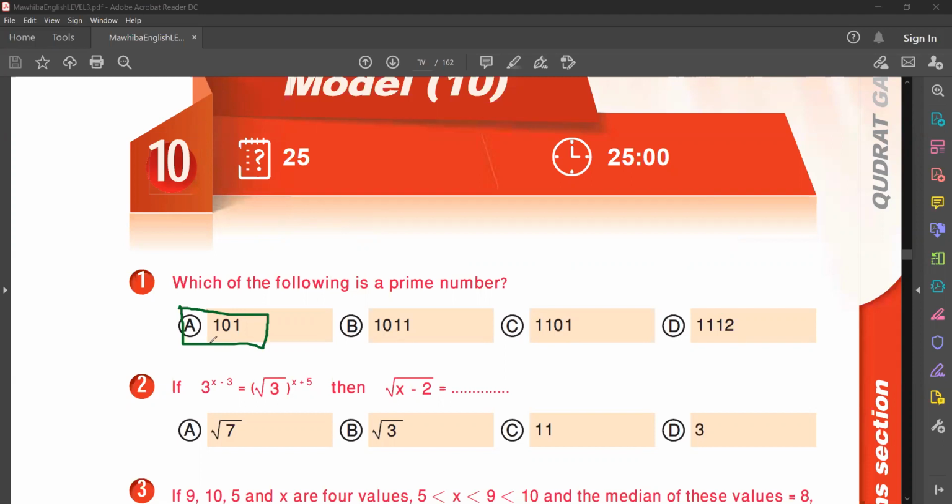What about number 2? If I have x, now, 3 to the power x minus 3 equals square root of 3 to the power x plus 5, then find the square root of x minus 2.